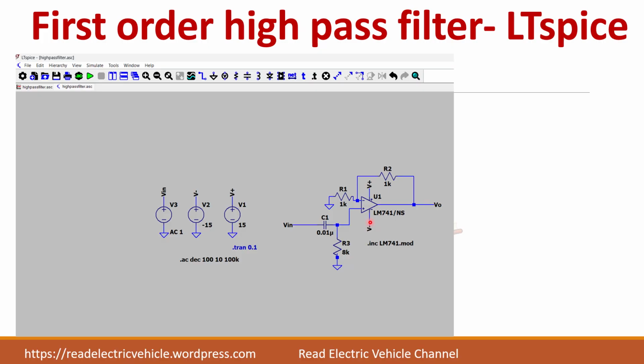So if you want a video on how to add this LM741, or you need to know how to simulate this high pass filter in LTspice, let me know in the comment section. I will make a video on this and upload it. So these are the power supplies for the op-amp, V plus and V minus, and this setting has to be done since we need a Bode plot.